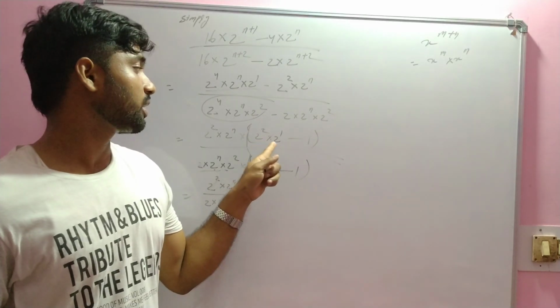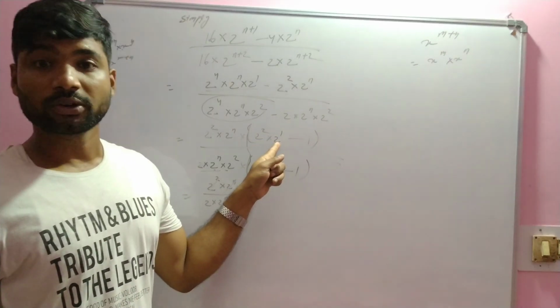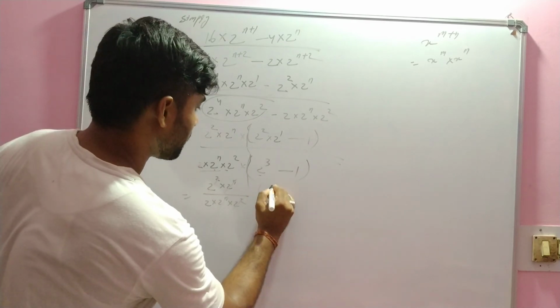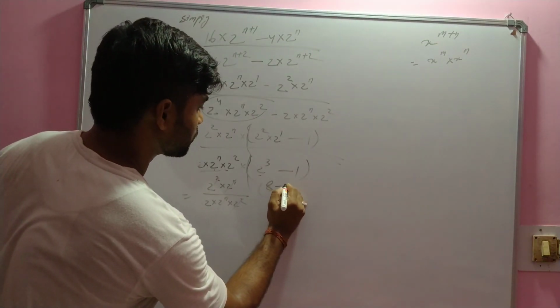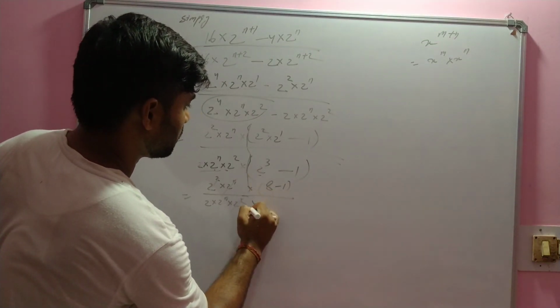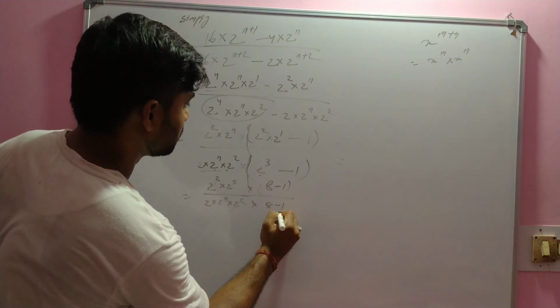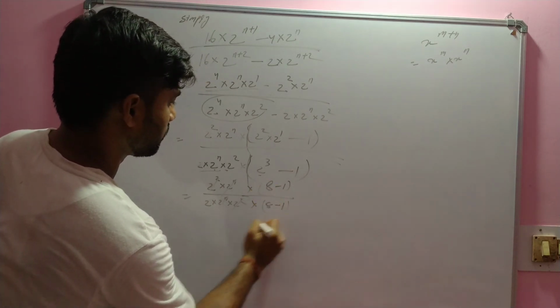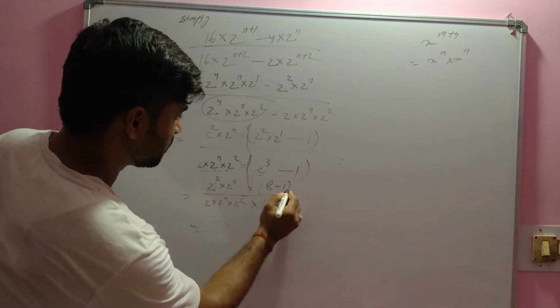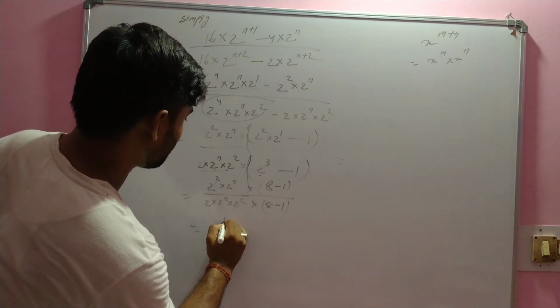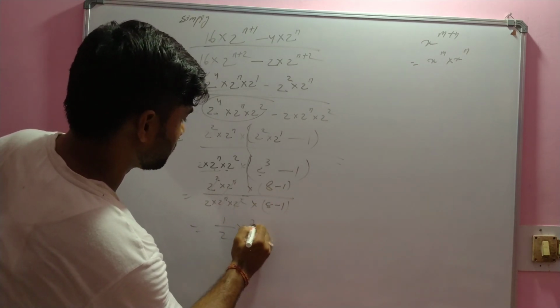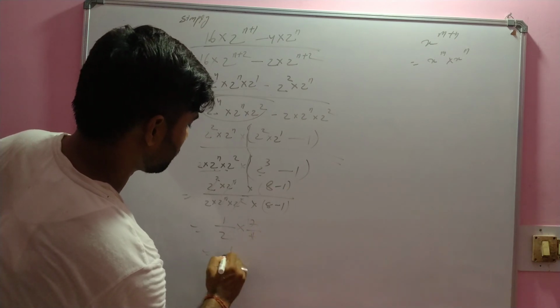And this one is 4 into 2, how much? 8. 8 minus 1 is 7. This one is 8 minus 1, 7. 7 cancel. So it will be how much? 1 by 2 into 7 by 7, cancel. The answer is 1 by 2.